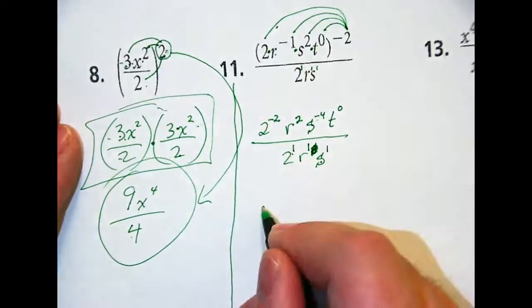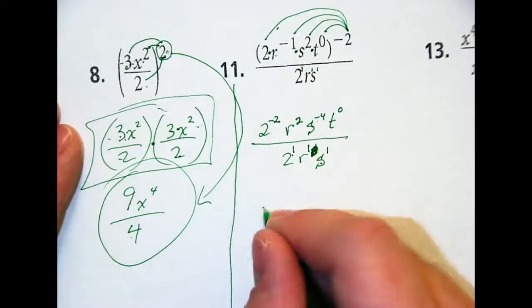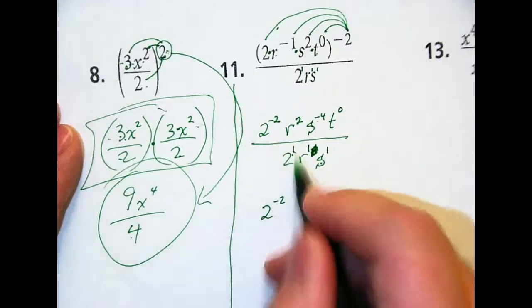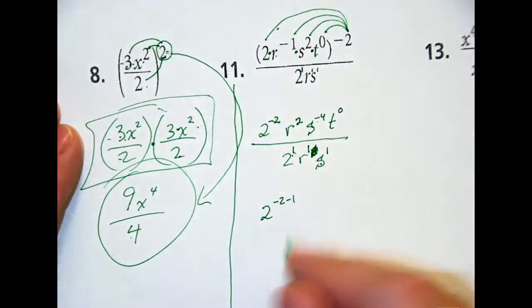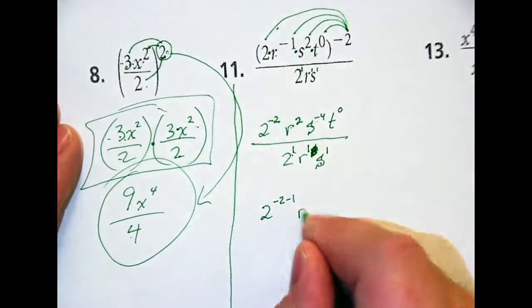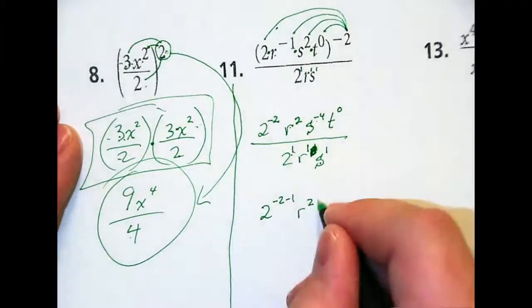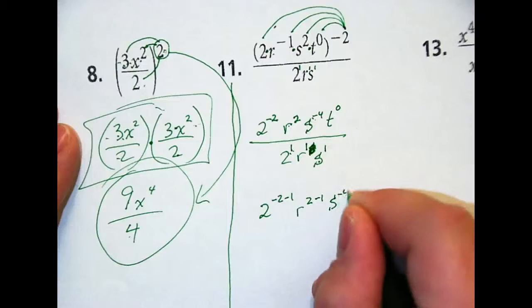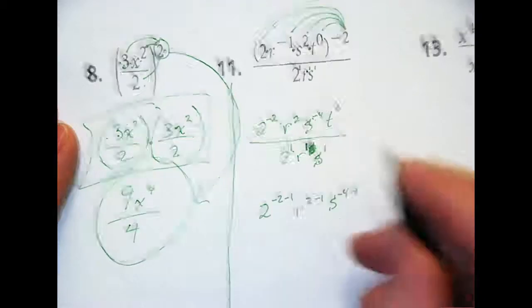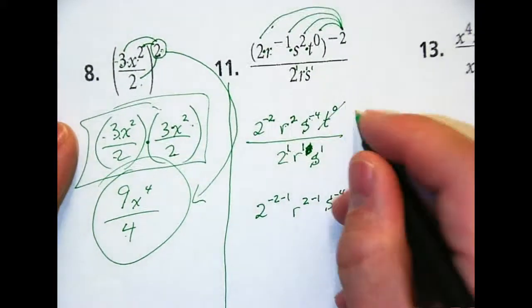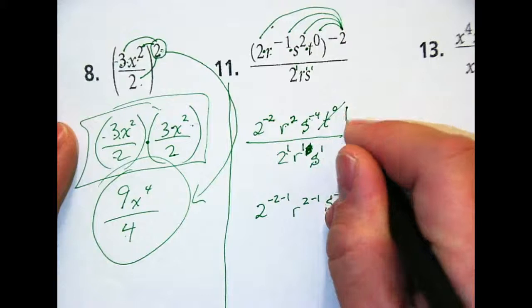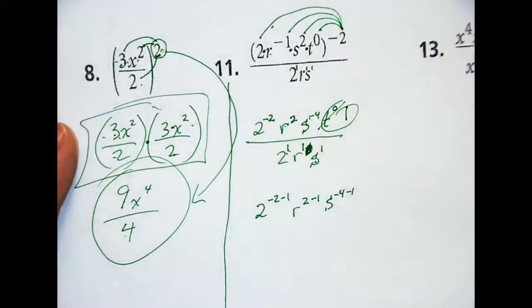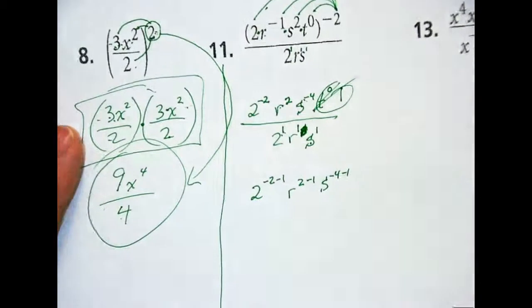So if I write this out now, just in this form, 2 to the negative second minus 1, r to the second minus 1, s to the negative fourth minus 1, and t to the 0, which is just 1. So we don't even have to worry about that anymore because we're now multiplying by 1. That piece we don't even have to deal with anymore.